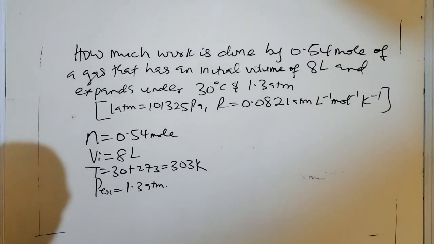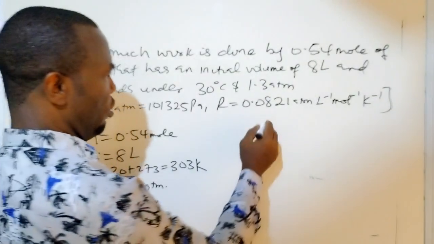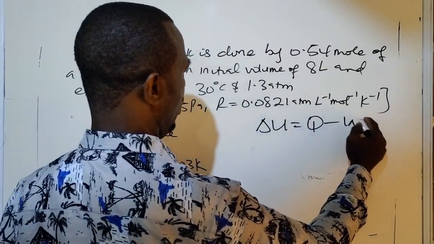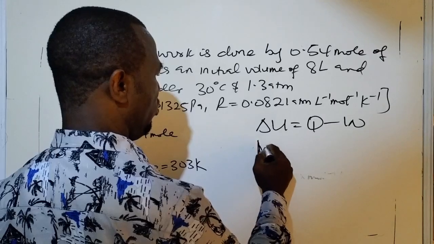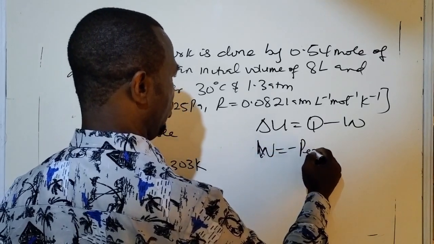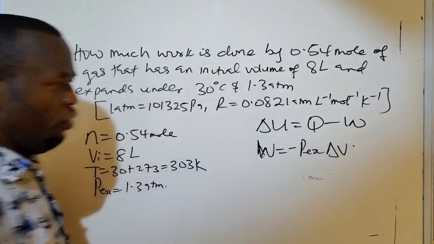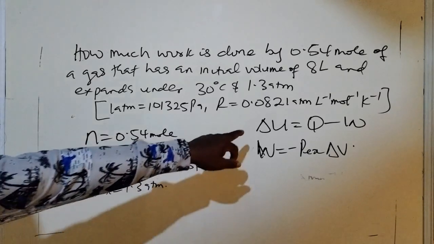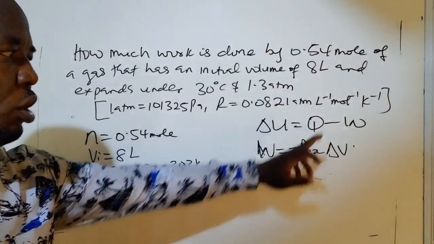Now, to find work done, we either think of using this formula Q minus W, or this formula, we find the one that is convenient for us to use in this question. So the first formula, internal energy equal to heat minus work, cannot be used because the internal energy was not given to us and the heat was not given to us.